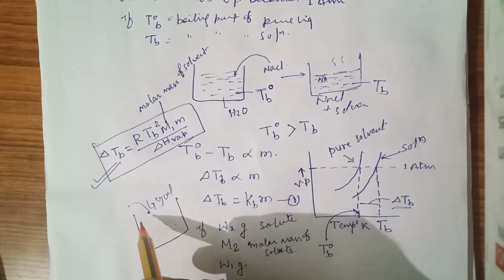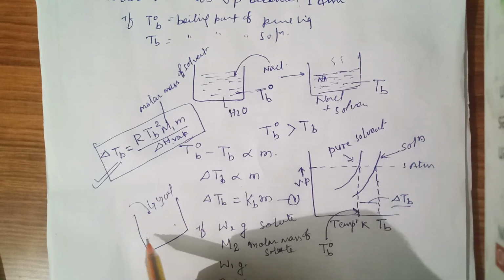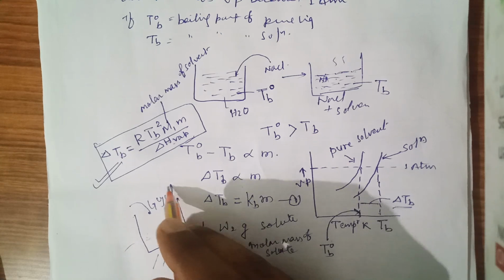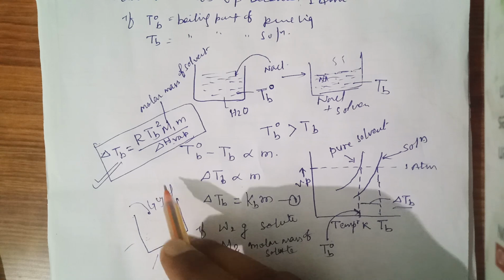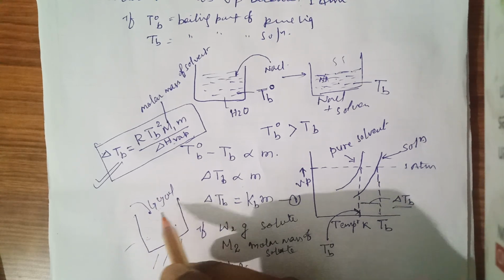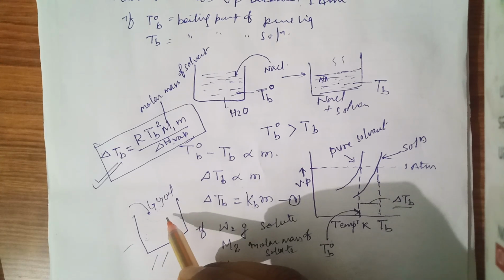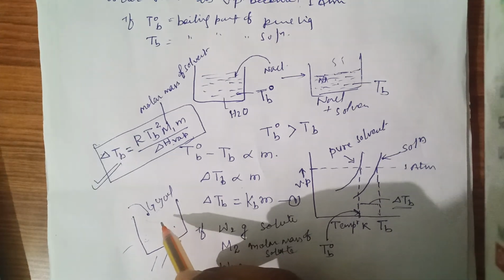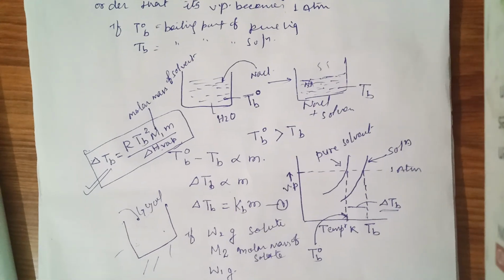That means it is used in the radiators of car engines, since heat is generated and the coolant has to absorb it. As it increases the boiling point, it can absorb more heat when mixed with glycol. So this is another application of elevation in boiling point. Hope you are understanding. Let us try to solve some problems related to this.